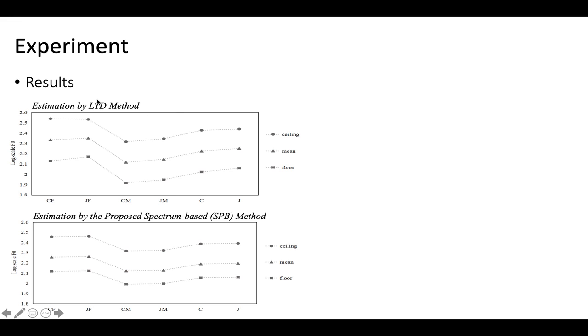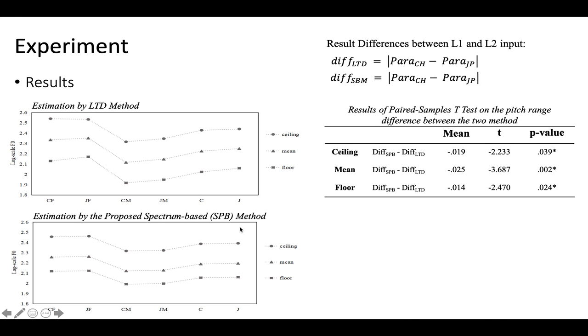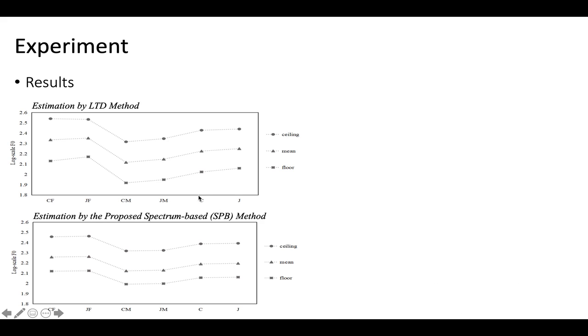Here are the results from the 2 methods. The upper figure shows the estimation results from the LTD method, and the lower figure shows the estimation results from the proposed method. The horizontal axis shows the language and the gender information of the speech input.